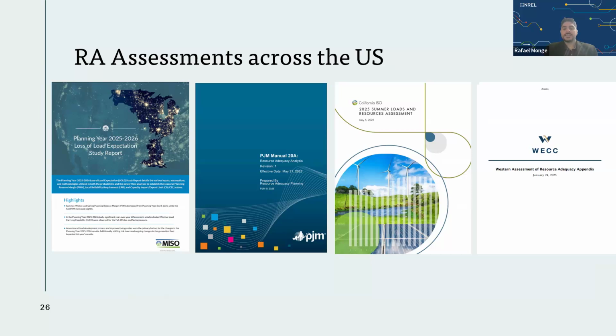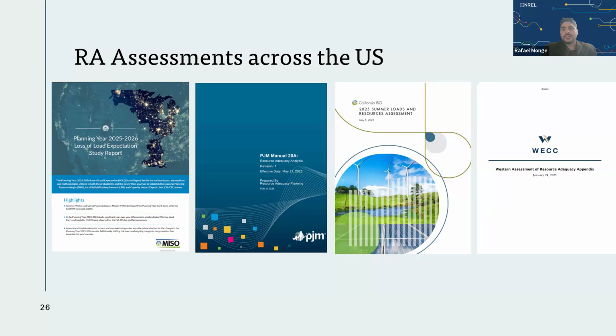Who publishes these assessments varies by region. In ISO and RTO footprints, the system operator does. In the non-market West, utilities and the Western Resource Adequacy Program coordinate studies under WECC oversight.